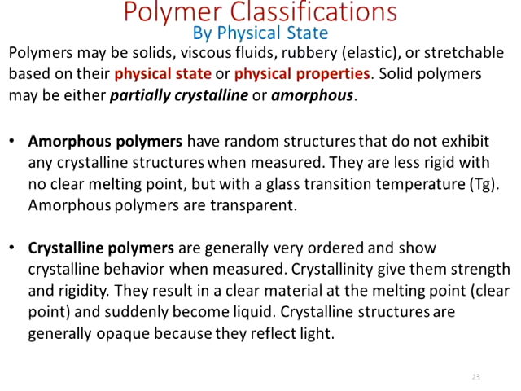Amorphous polymers are less rigid with no clear melting point, but they have a glass transition temperature. In other words, they have a temperature over which the material becomes glassy, and that approximates a melting point, but it really is a glass transition temperature, though some will call it a melting point.